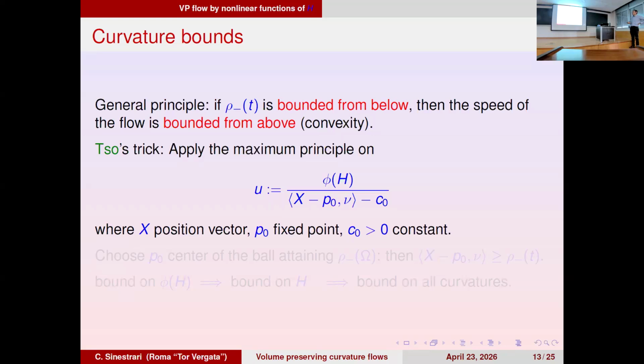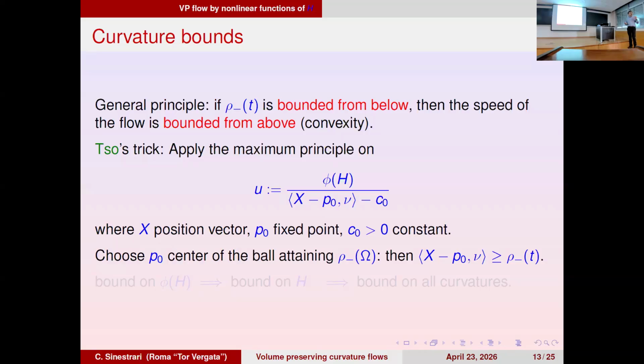You pick a point which, in a convex body, you will typically choose more or less in the center of the body. In our case, we pick P0 to be the center of a ball realizing rho minus. X is the position vector, and then one has that this scalar product is greater than rho minus.